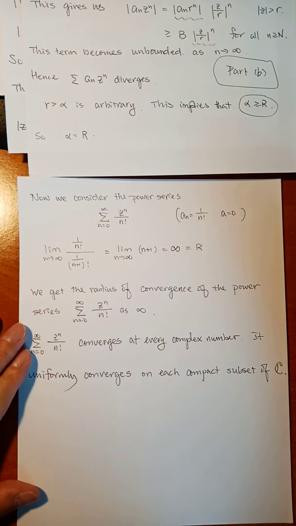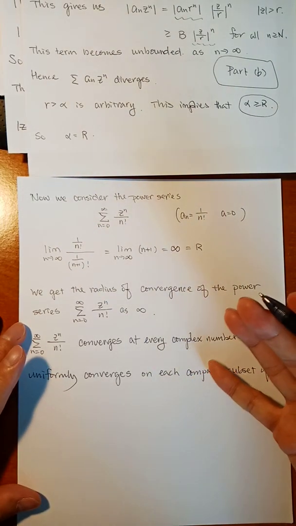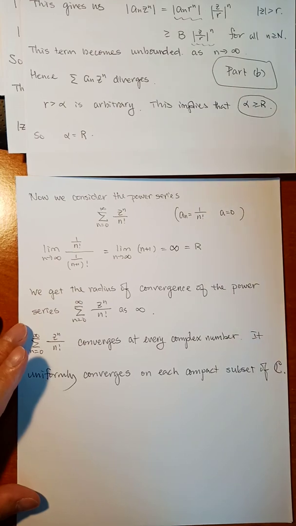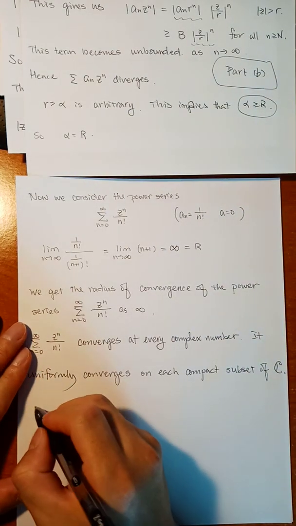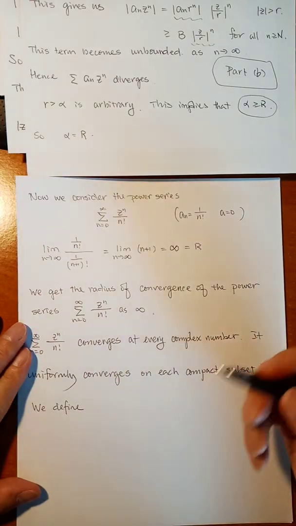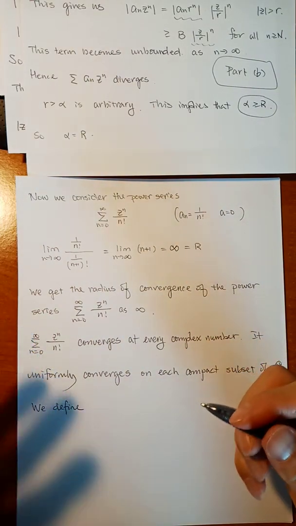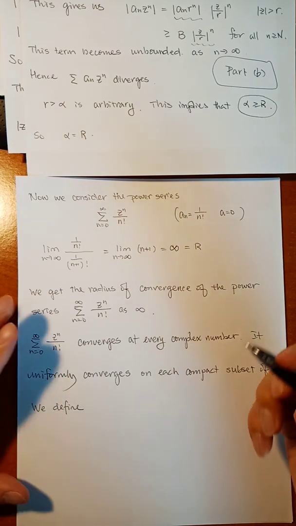And because for every z this power series will give us a number, it will converge to a number, then we define this as a function, and it satisfies the property of the exponential function. So we give it a name.